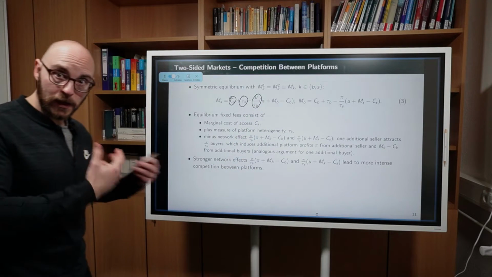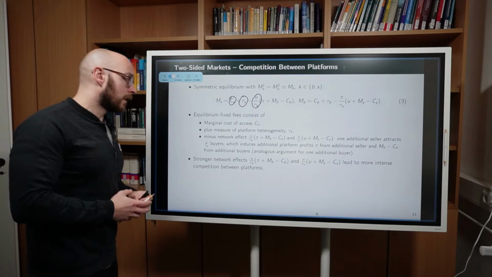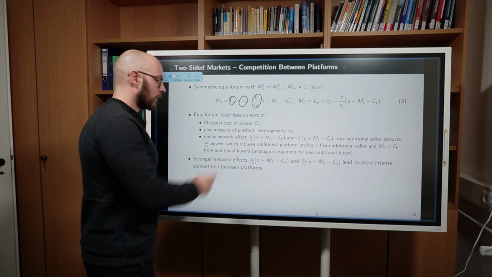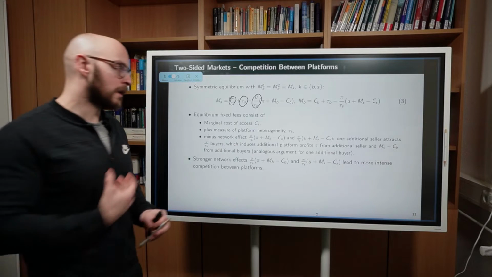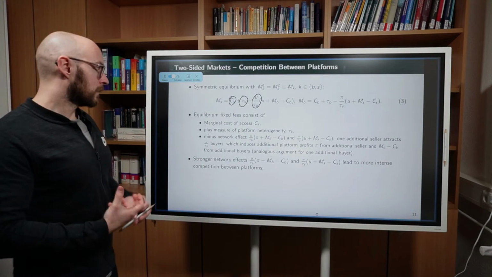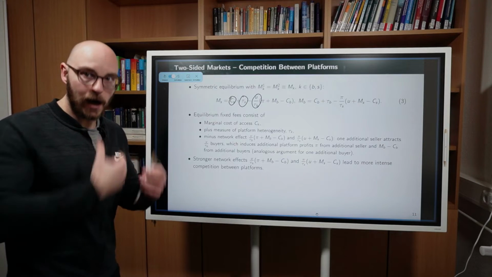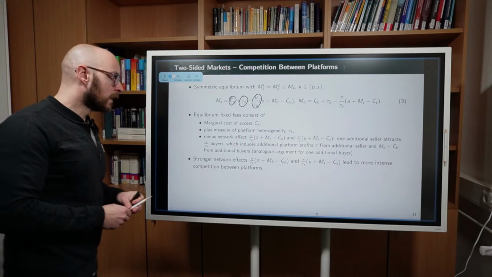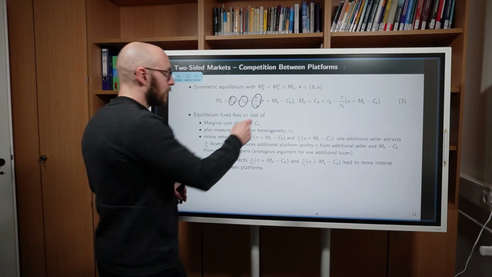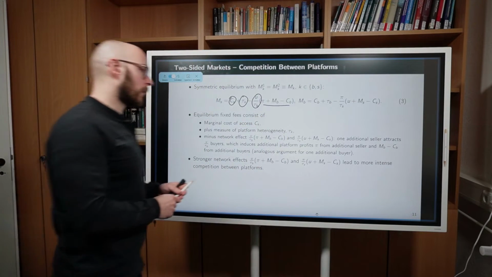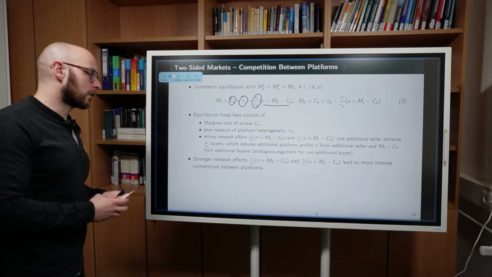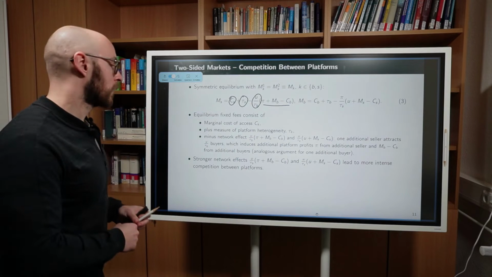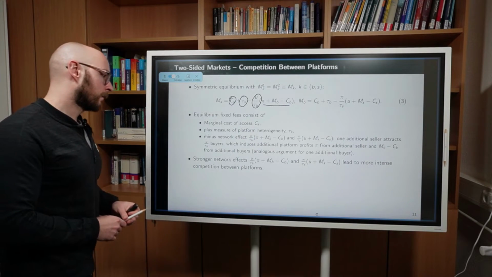And that's also what we had in the monopoly example, because the same network effects are present, right? And this U over tau B tells you how many additional buyers are attracted by a seller. And here we have the profits that the platform realizes from this process, right? Again, taking into account the network effects.